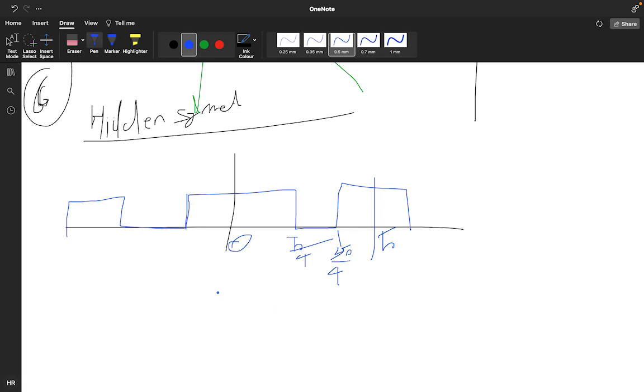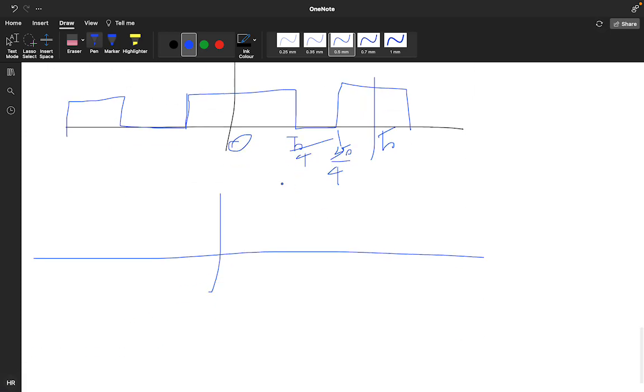Okay, now if you do x of t plus T naught by 4, what signal will you get, guys? That means T naught by 2. So where will the T naught by 2 be?